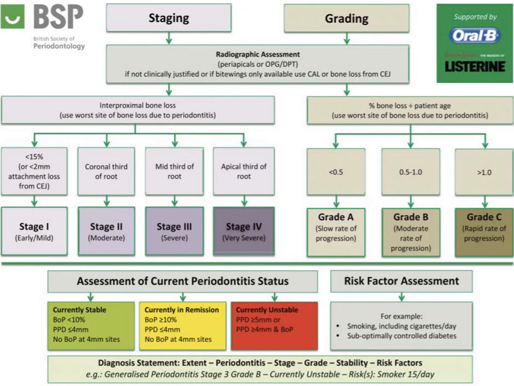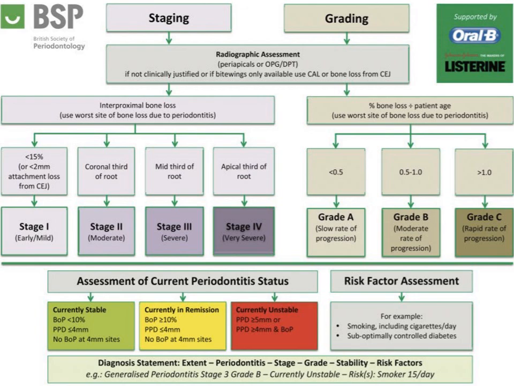And as we mentioned previously, the stage of disease is determined either by the amount of radiographic bone loss or estimation of clinical attachment loss. Third, estimate the grade of disease by dividing the percentage of bone loss by the patient's age, using the worst side.